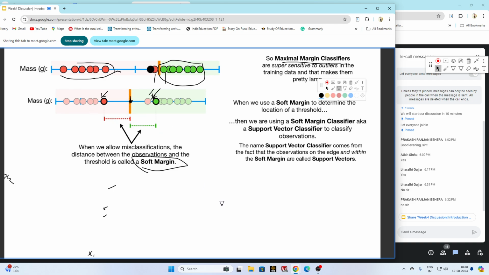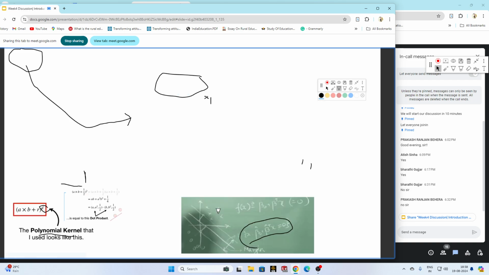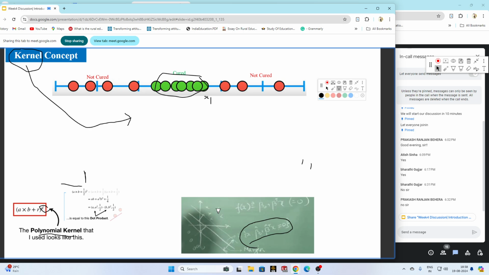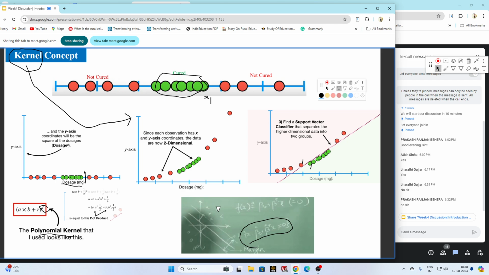Okay. Sir, one doubt. In the lecture, he was mentioning that this kernel is something similar to applying basis expansion, right? Can you give some idea about basis expansion, how we can think about it? Basis expansion is like this only. The polynomial kernel that we are using, that is basis expansion. It means changing your data points to something else.